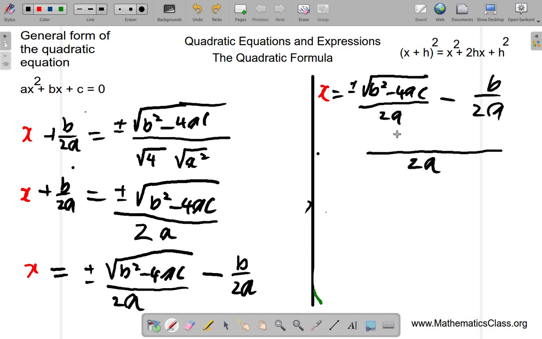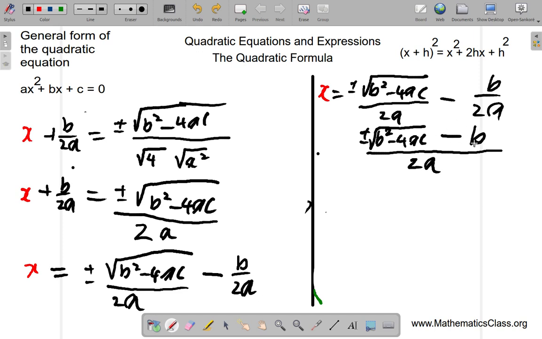It is 2a, and say 2 into 2a goes 1 time. 1 times plus or minus the square root of b squared minus 4ac, minus 2 into 2a goes 1 time. 1 times b is b. Alright. So, that's what we have.